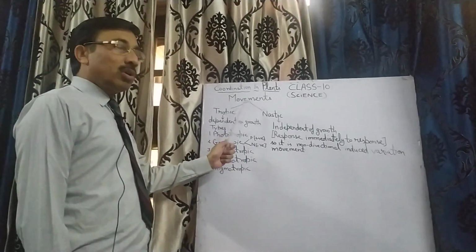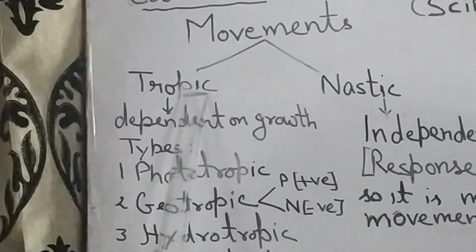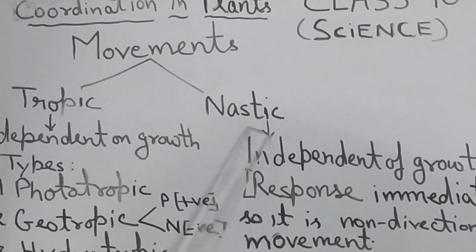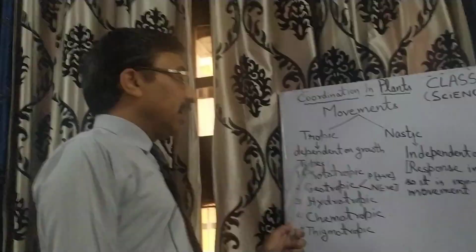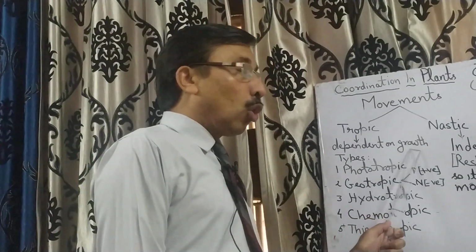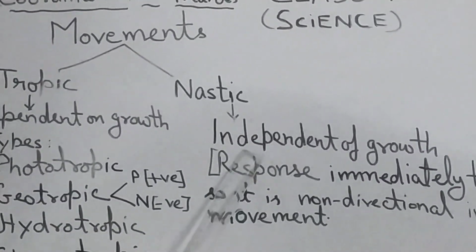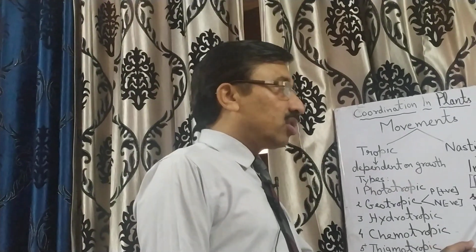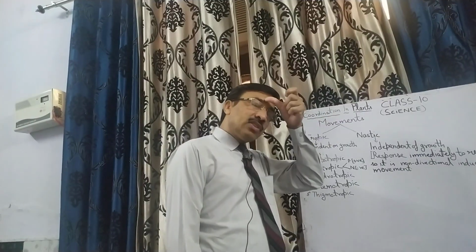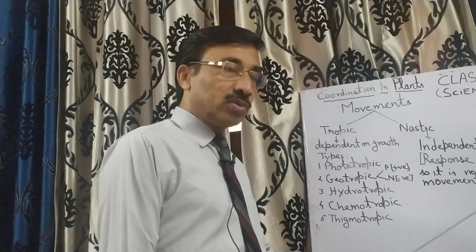Now, when we talk about movements in plants, there are two types of movements. One is tropic movement, another is nastic movement. The tropic movement is dependent on growth. And nastic movement is independent of growth. Independent of growth means it shows no growth, but it is just like a reflex action as observed in animals, which is an immediate response.